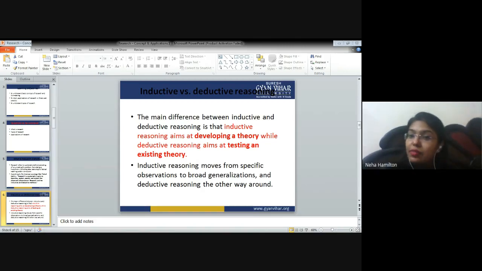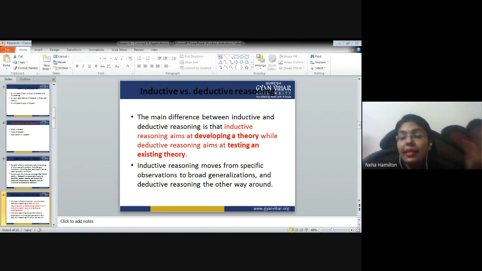That kind of research is called inductive research. So what is inductive reasoning? Developing a new theory. A new theory means something that was not existing earlier, something which is new, novel, innovative, right? So that is called inductive reasoning.